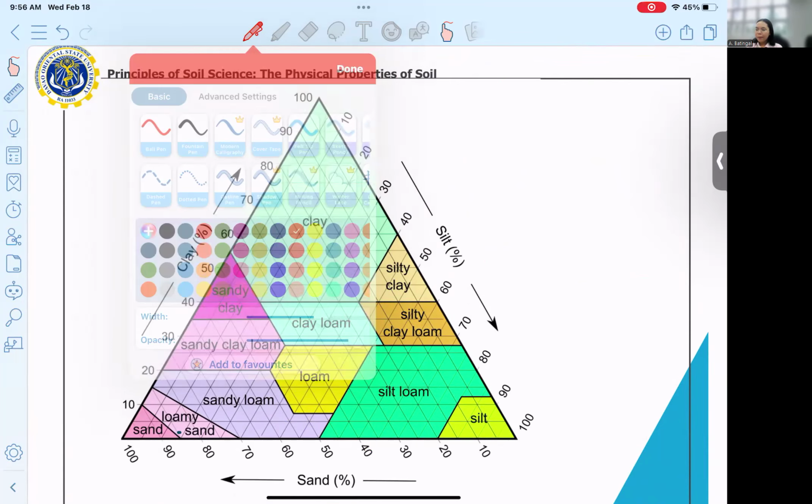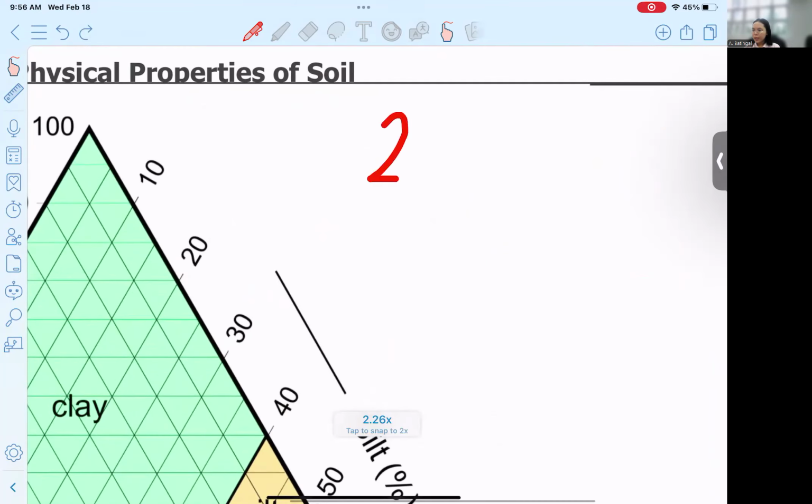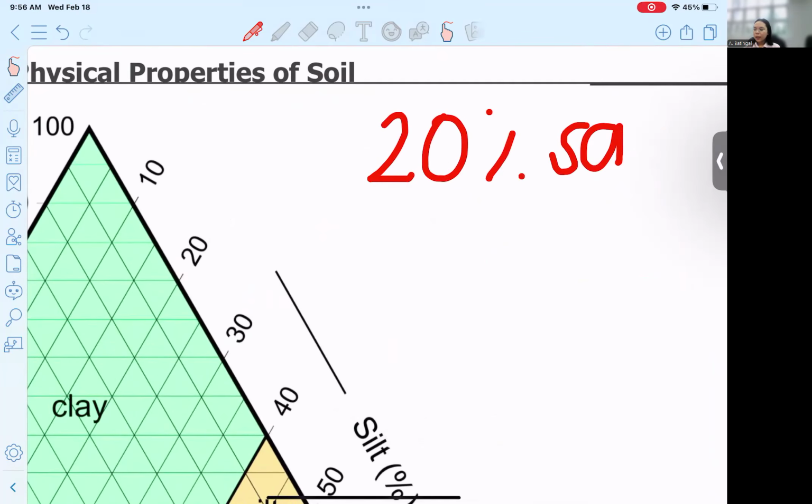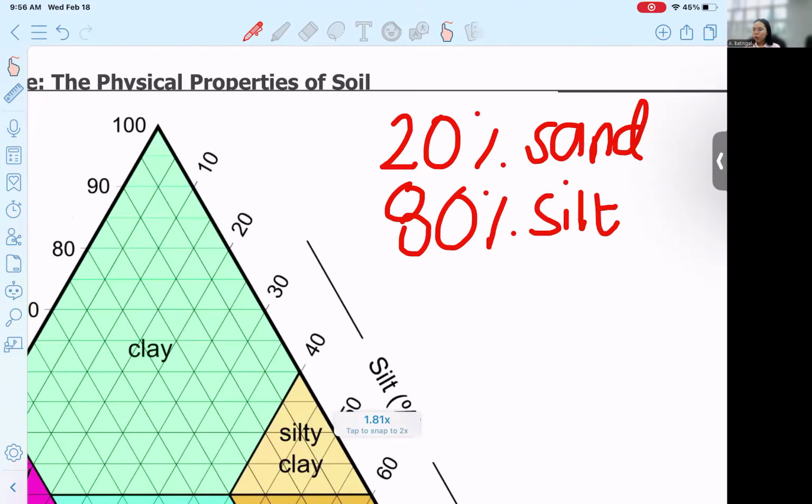So say for example, you have 20% sand, 80% silt. So 20% sand and 80% silt, total na sila to 100.